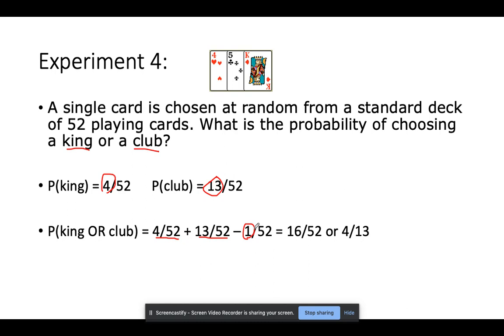So we get a total of 4 plus 13 is 17, minus 1 is 16. Notice I did not reduce any of these fractions with the 52s until I got down to the end to get that answer. So when they're not mutually exclusive, the rule changes slightly.